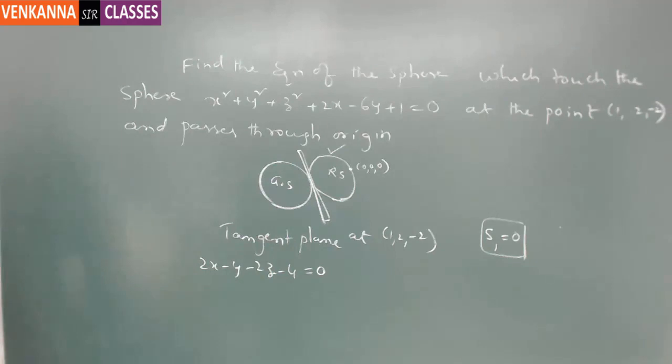Agreed? So the point is common to both the given sphere and the plane you have obtained. Accepted? It belongs to the intersection of the plane and sphere because it is common to both. Agree, all of you?